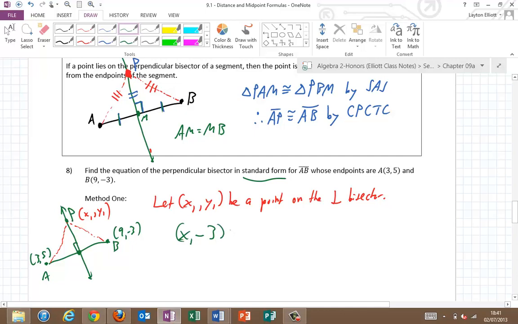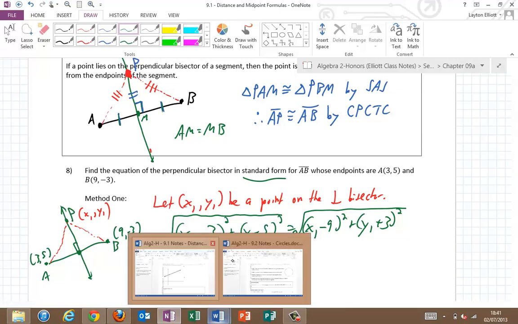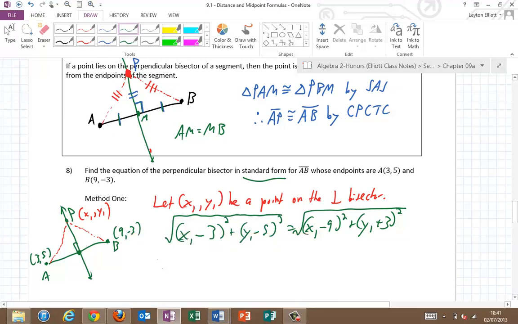The square root of (x1 minus 3) squared plus (y1 minus 5) squared, equals, let's do the other one, the square root of (x1 minus 9) squared plus (y1 minus negative 3) squared. This may seem like a lot. It's 4 FOILs. We can also square both sides and drop the radicals. So what we're going to do is, let's FOIL, like lots.